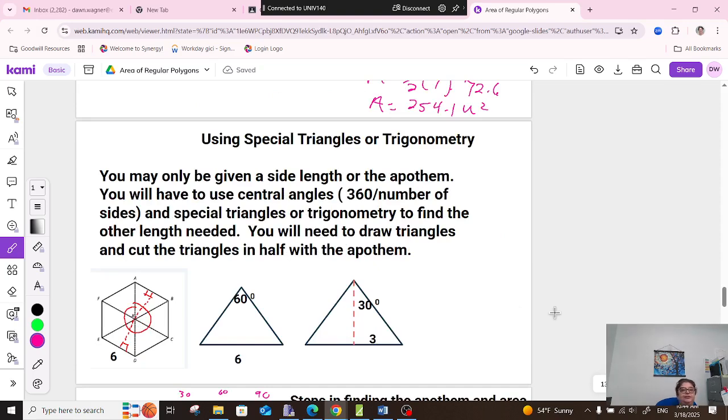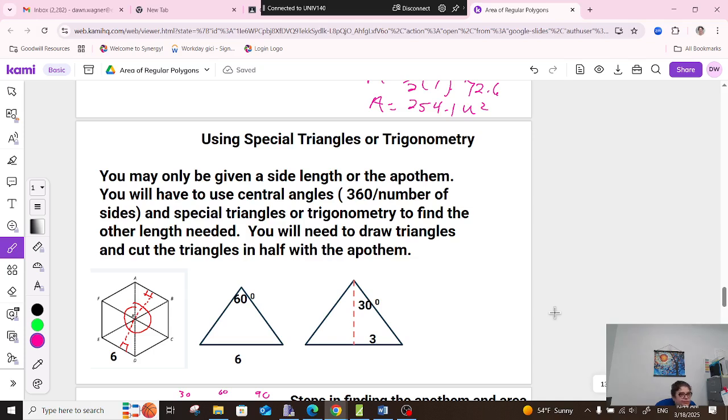sometimes we may have to use trigonometry or special triangles to find the apothem, where all they give us is a side length. Okay? To do this, we end up having to cut a triangle in half.